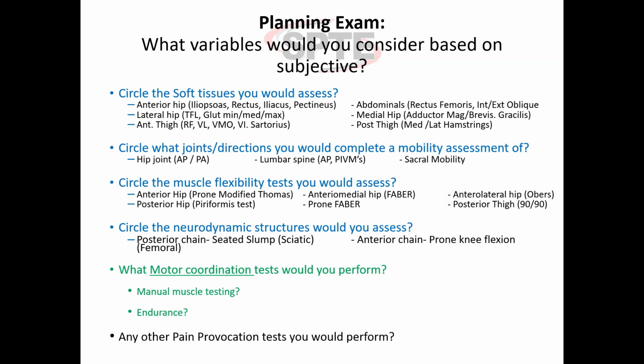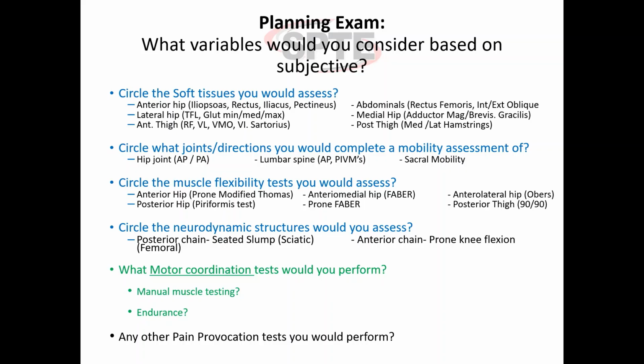Additionally, what soft tissues would you like to assess? Are you going to look at the anterior and lateral hip, anterior thigh, abdominals, medial hip, posterior thigh, or other soft tissues? How about what joints and directions would you like to further assess? Both the hip joint, lumbar, sacral mobility. What are your primary areas that you think we need to clear?